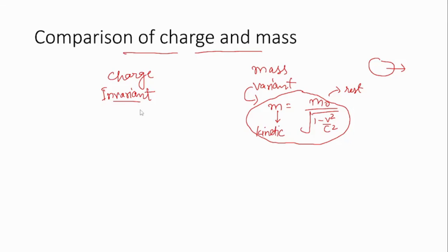Now one more point that I would like to add is, suppose there is a body having charge 2 coulomb, then this body will possess some mass as well. But if a body has a mass of 2 kilogram, it is not a requirement that it should also possess charge.